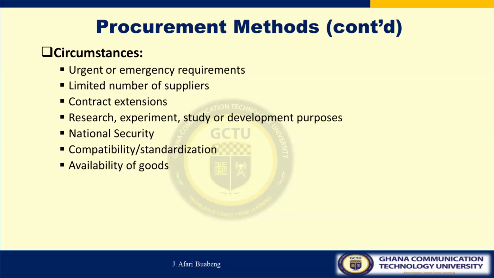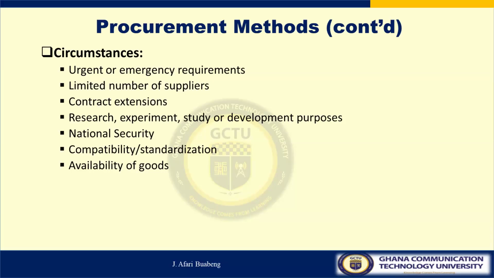However, if you are not using competitive tendering, but selecting a method based on these circumstances, the law requires that you write to the Public Procurement Authority, the regulator, for approval before any of these methods could be used.